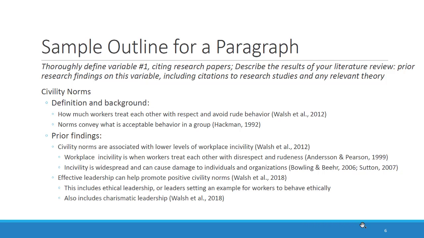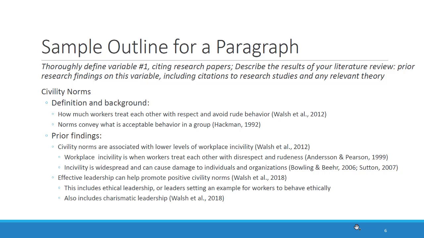One is what we call ethical leadership, or leaders setting an example for workers to behave ethically, and also charismatic leadership. And I cite the Walsh et al. 2018 article there. So this is an example of what your outline should look like in terms of the type of detail, in terms of definition and background and prior findings, that you should have here.